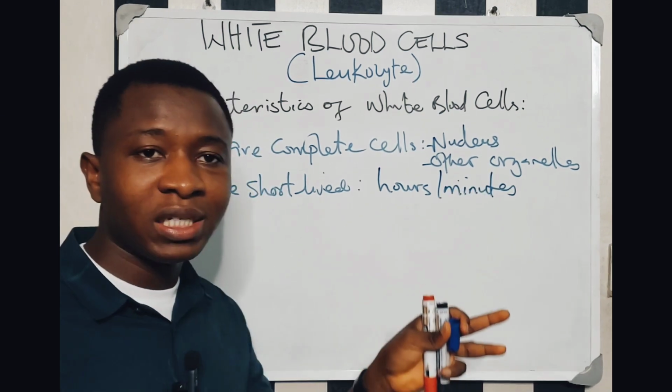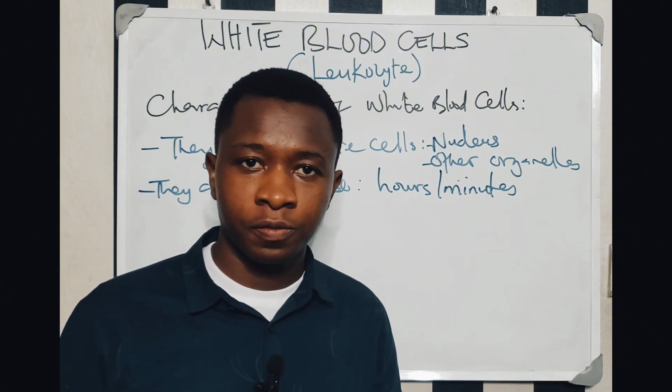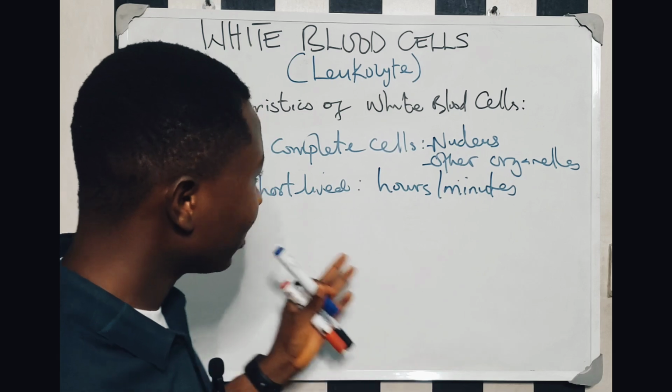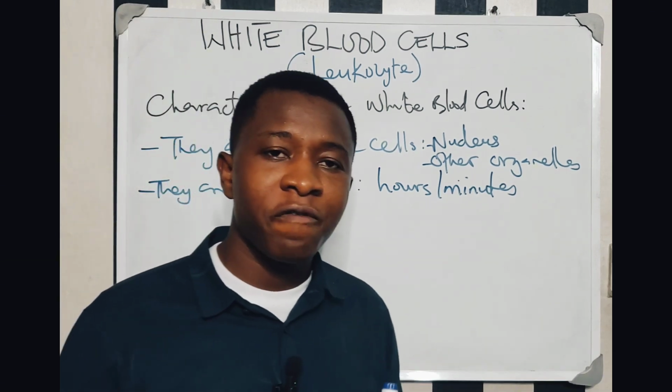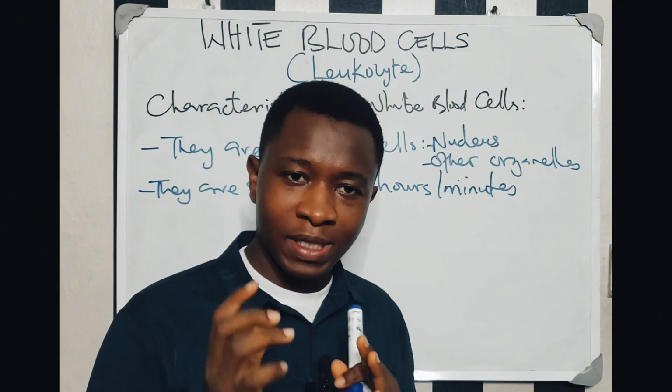Now, this depends on the type of infection it is trying to get rid of. Unlike the red blood cell that lives for about 120 days, the white blood cell lives for a very short period of time. So it has a shorter lifespan.